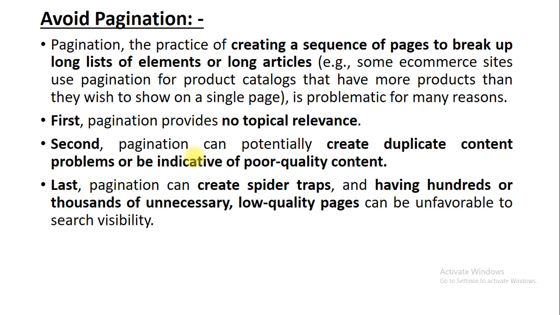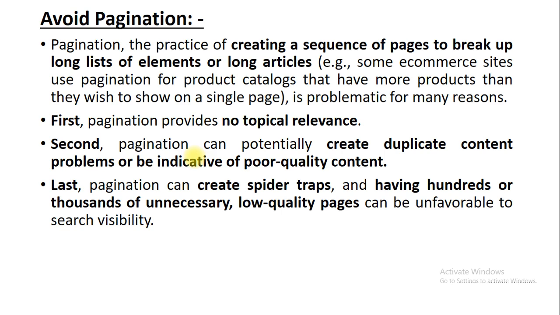So once the pagination concept is applied in the website, it becomes a trap for the spider. And the spider catches the pages from the first, by looking at the first page only, right? So this pagination concept is based on page hiding, right?